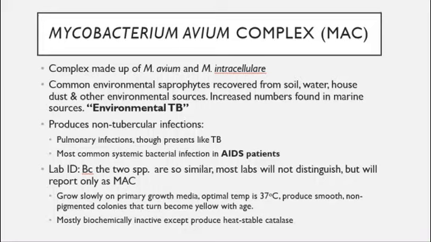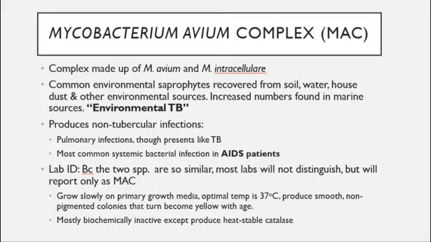Increased numbers found in marine sources. So this is also known as environmental TB. It produces non-tubercular infections. It does cause pulmonary infections, and it presents like TB, and it is the most common symptomatic bacterial infection in AIDS patients.